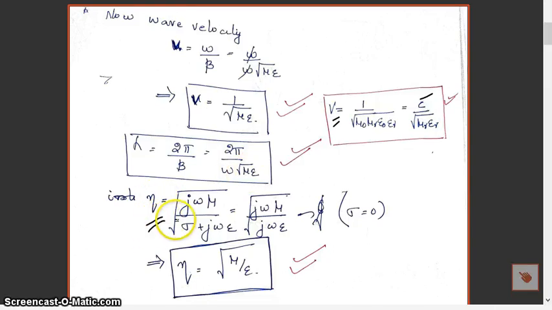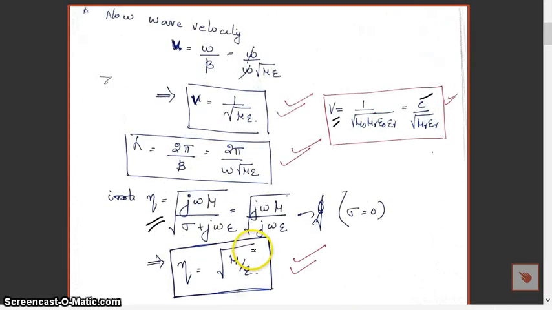Eta is equal to square root of j omega mu by sigma plus j omega epsilon, and here I am substituting sigma is equal to 0, so that I can write j omega mu by j omega epsilon. That finally I will get as eta is equal to square root of mu by epsilon.